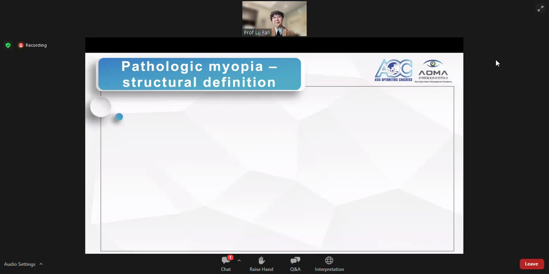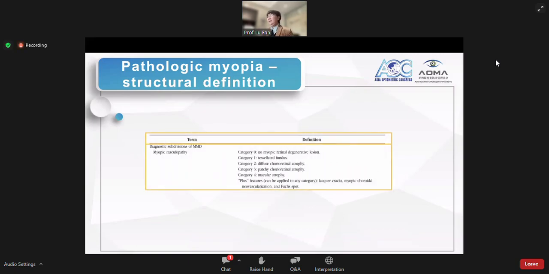For example, under myopic maculopathy, the 0 to 4 categories are listed. The grading system is becoming like this one. It is very consistent with the current international clinical myopia management guidelines.